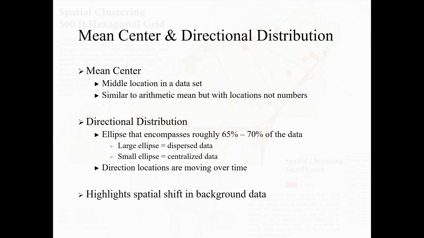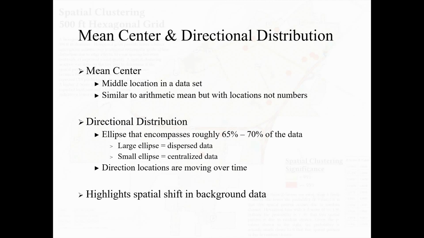It's normally an ellipse that encompasses roughly one standard deviation, so roughly 65 to 70% of the data, and it shows you which way and how far or how wide or how dispersed that data is. So if you have a very large ellipse, the data is very dispersed, right? But if you have a very small ellipse, the data is very centralized, and it can show you which way data points are moving over time.